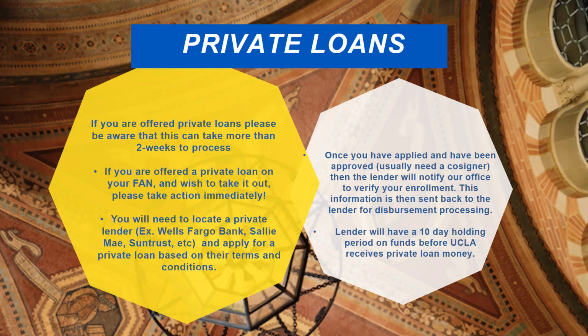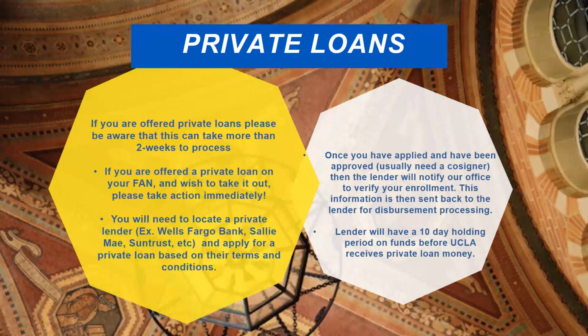For most cases, private loans take a little bit longer, so you have to allow an extra 2 weeks for the processing of it. Part of the reason it takes so long is that we're going to offer it to you on the award notification, and you're going to accept it. But you have to go to the lender that you're planning on borrowing this from.